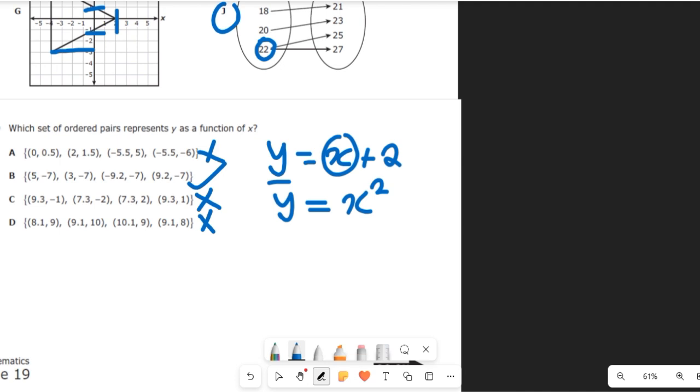So from that, we can see that the only option that represents y as a function of x is option B. That is the rule. And we see that the correct option is option B.